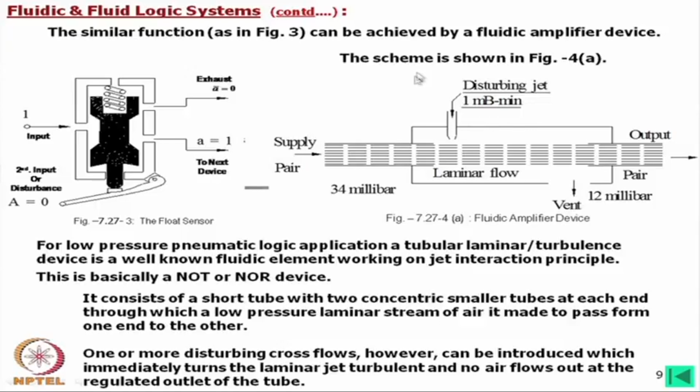So, if one disturbance is there, this will not be performed. If 2-3 disturbances are there at a time, there will also be no performance. Only when there is no disturbance will it go to the next device. So, we can make this device multiple input and single output.